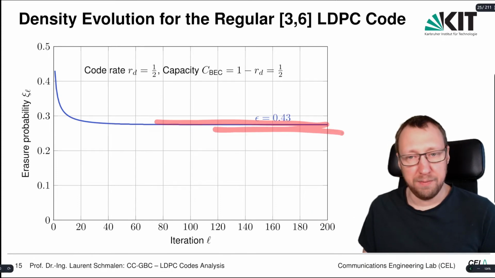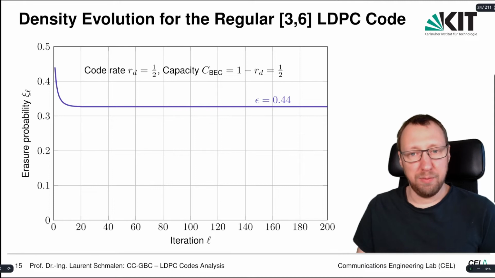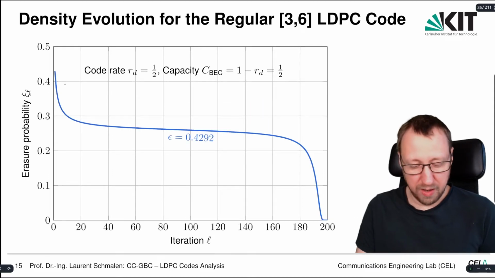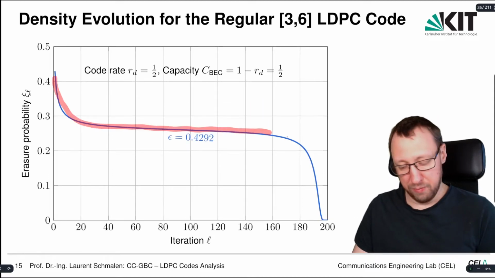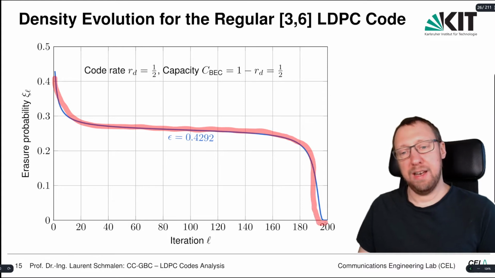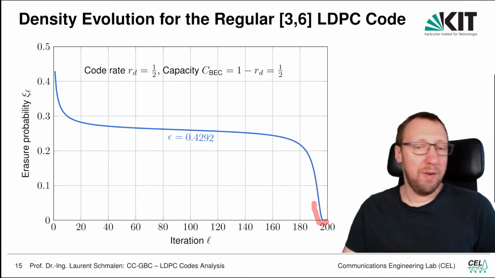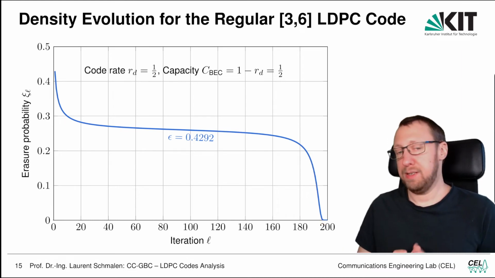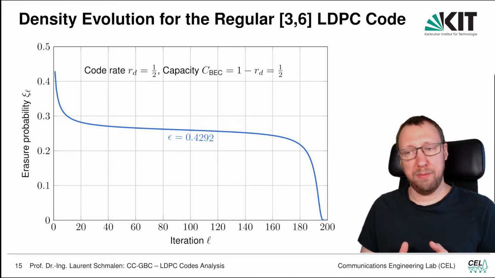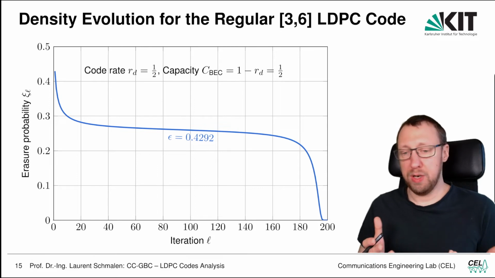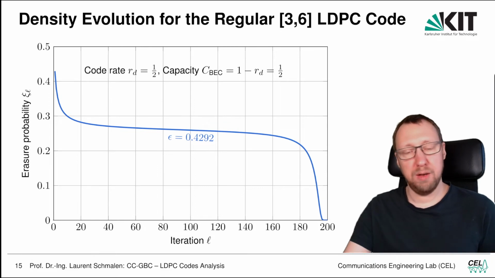We're in a fixed point. For epsilon equals 0.4292, it takes some time, but we have a steady decrease, and eventually we will converge. Very nice. This is significantly better than what we had before, and we have a pretty good code with a pretty solid performance.